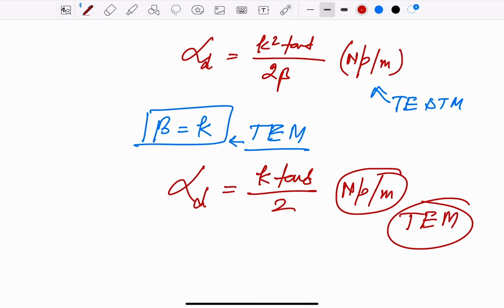When we talk about dielectrics in microwave engineering, this is mainly ceramics, and ceramics have very low loss tangent, usually on the order of 10 to the power minus 3 and 10 to the power minus 4. Along with that, nowadays in many systems people are using composites, made of polymer and ceramic.